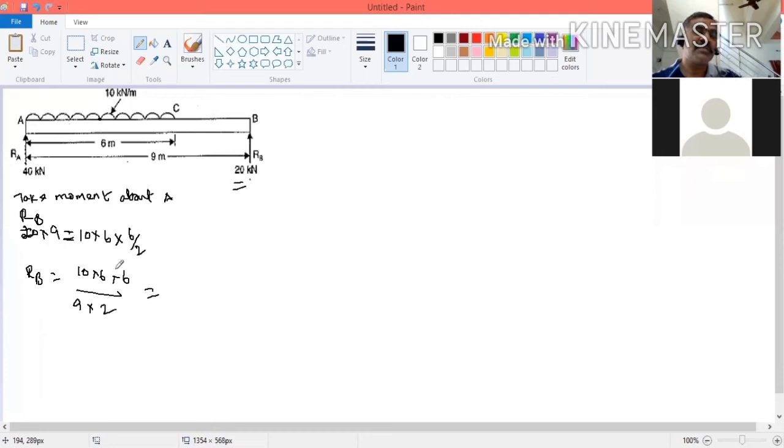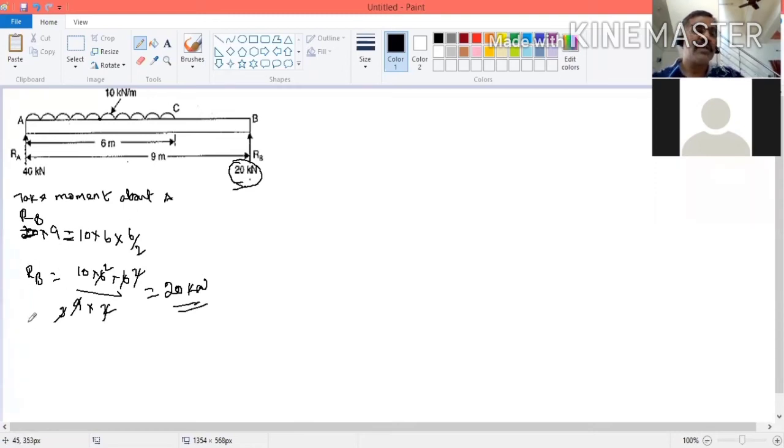Cancelling, 10 into 2, so 20 kilonewton. Actually, this value is not known, that is what you have to calculate, but I wrongly substituted. Okay, it is okay. So this is RB into 9.